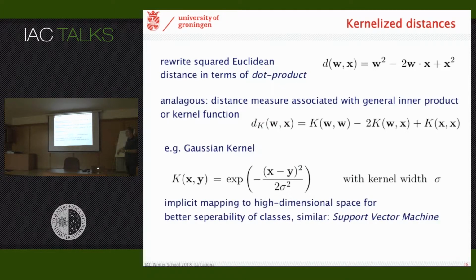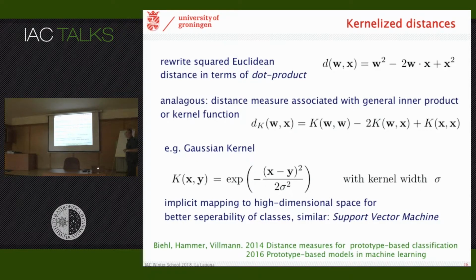So you could use a kernel such as the Gaussian kernel, define your kernelized distance according to this line here, and use that also in LVQ. And the purpose would be, of course, to make things more separable that are less separable in the original feature space. So you can extend LVQ even to kernels, right?